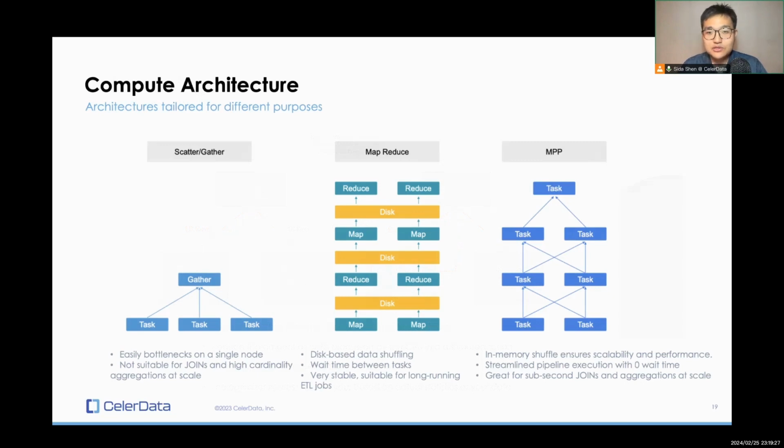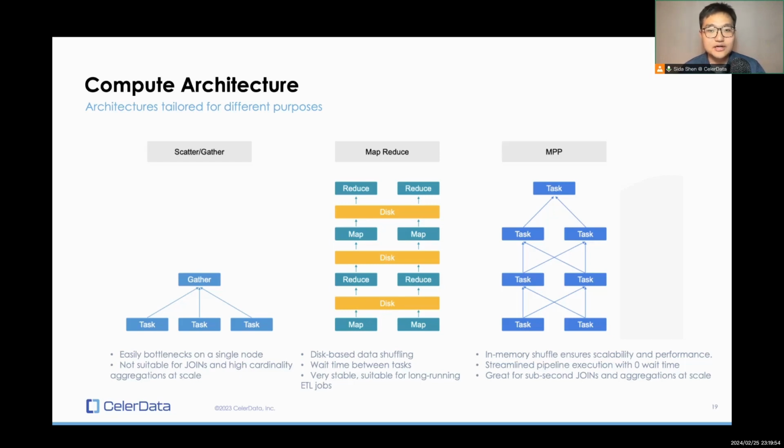First is the scatter-gather compute architecture. This is widely used by a lot of real-time OLAP databases and data warehouses, for example ClickHouse and Druid. What this does is you have a main node, and you divide your workload into many subtasks and distribute them to your worker nodes.